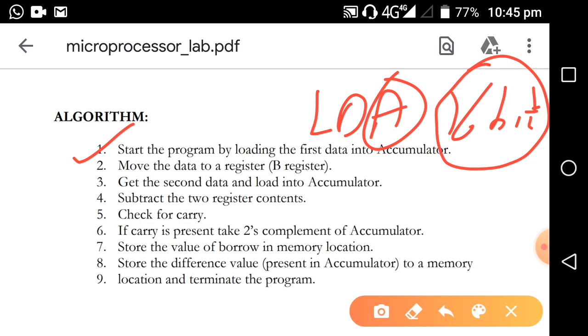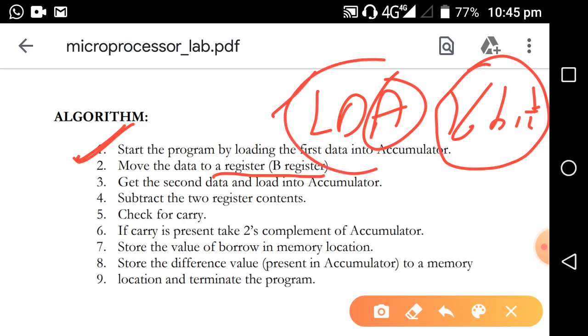Now this is your first data. There is also a need for the second data, which is also stored in the memory, so we move this first byte of content into some other register, because we need to read the second data also from the memory.